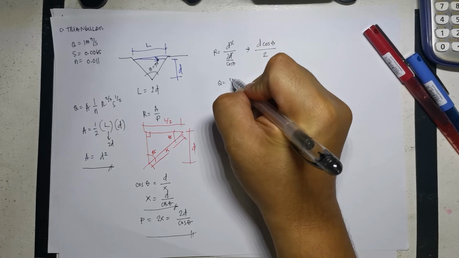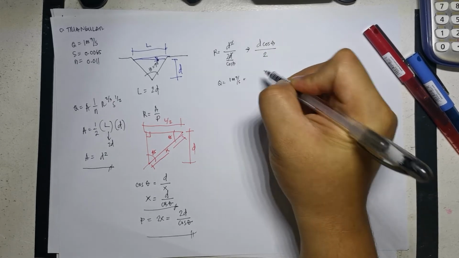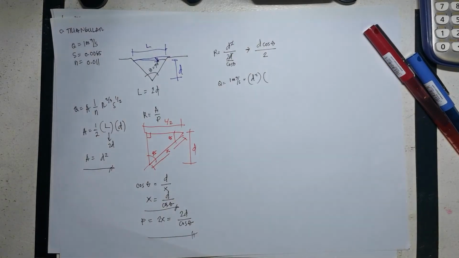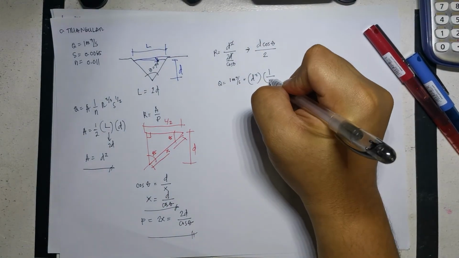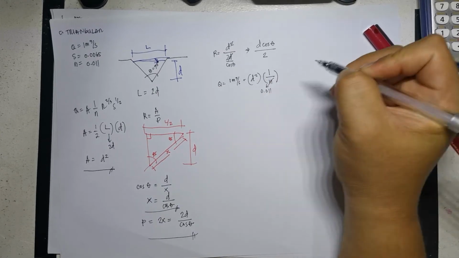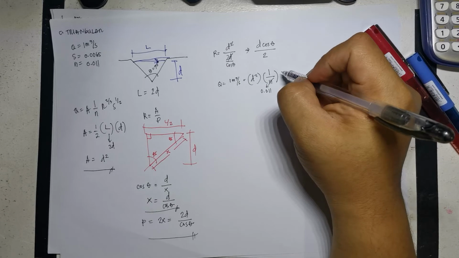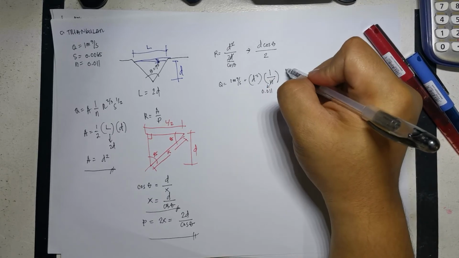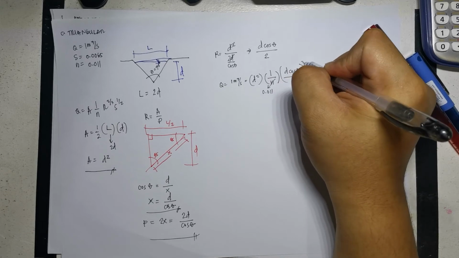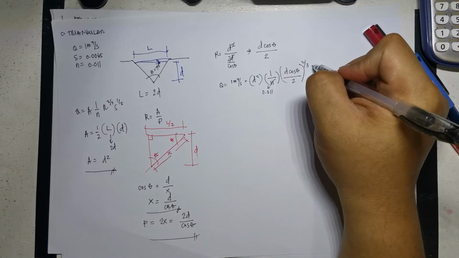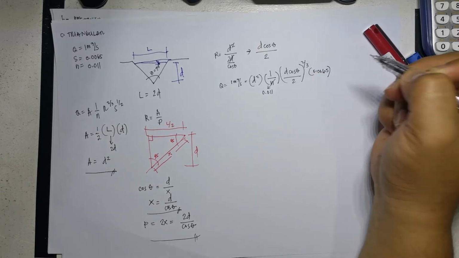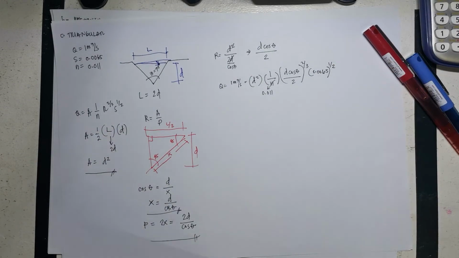Pwede natin ulit gamitin si Q. Q is equal to 1 cubic meter per second, which is equal to A. A is equal to D squared. 1 over N. So, may value na si 1 over N, 0.011. And then R, D cosine theta over 2 raised to 2/3 times slope na 0.0065 raised to 1/2.